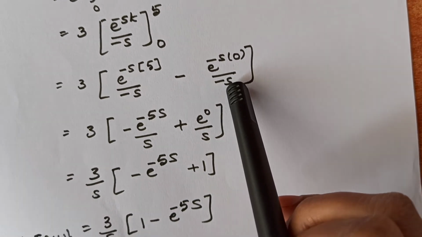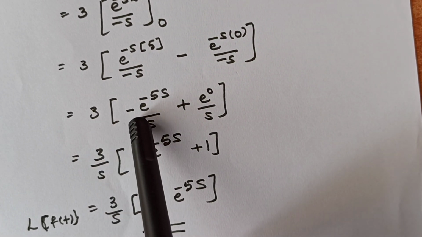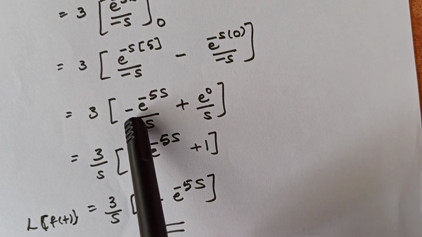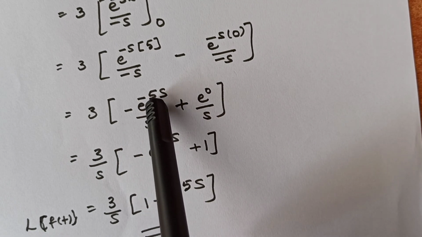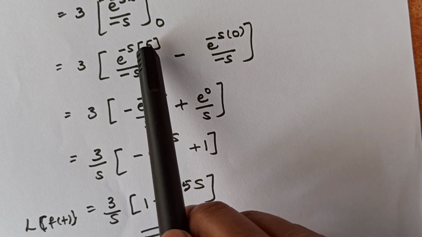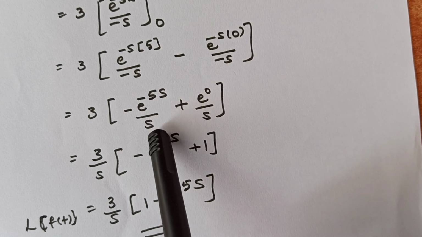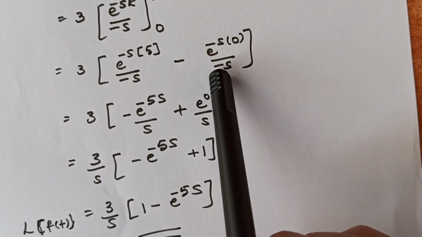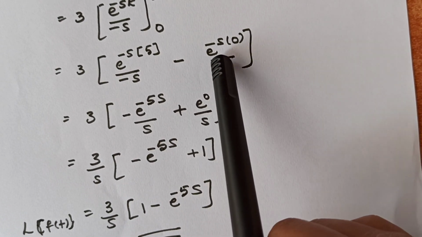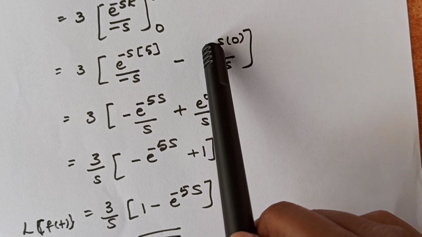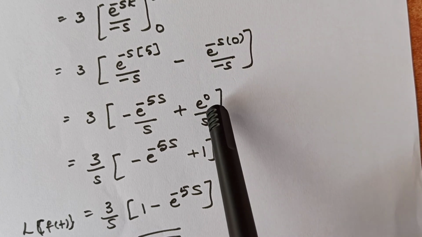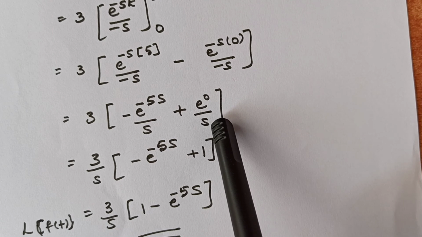So in the next step, 3 into minus, this minus sign I have kept as it is, e power of minus 5 into s, the whole divided by s. Here minus into minus will be plus e power of 0, that is e power of minus s into 0, the whole divided by s.